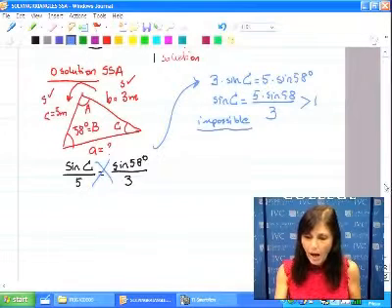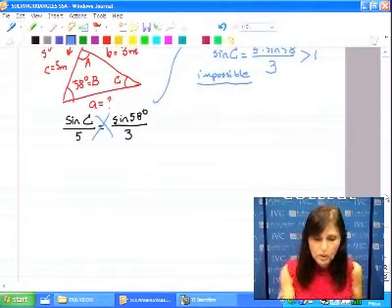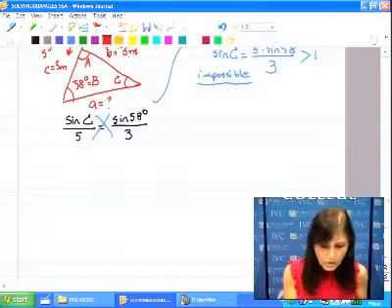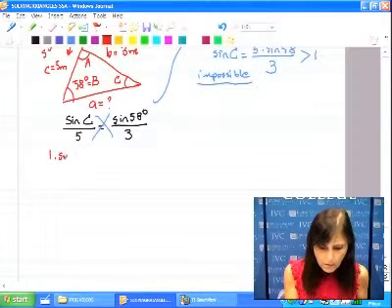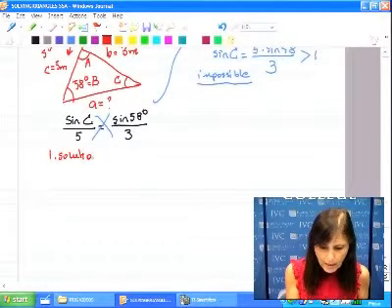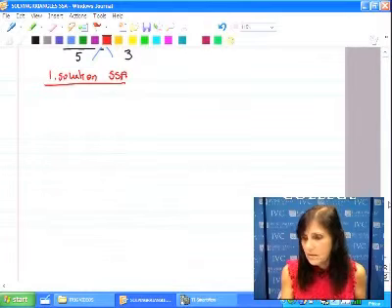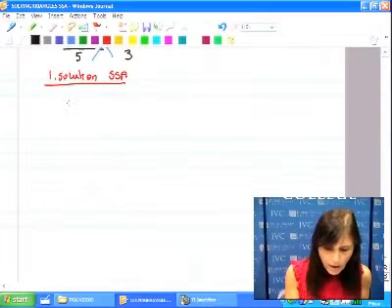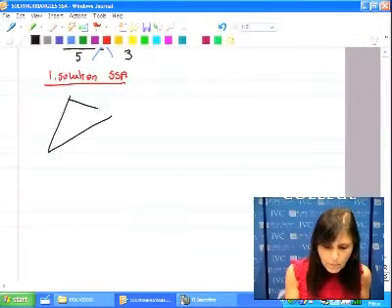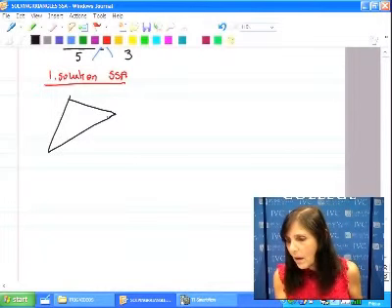Now, I may get a perfectly good solution, which is that one solution SSA. It all depends how my geometry is. So let's draw a triangle. Random triangle, doesn't matter.